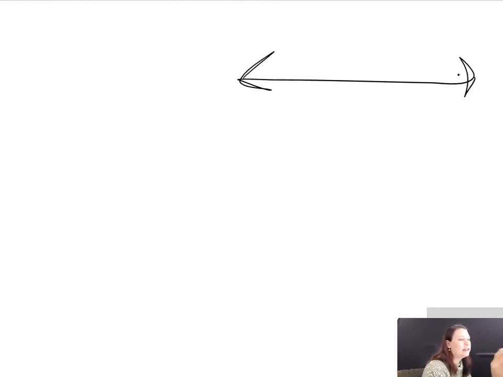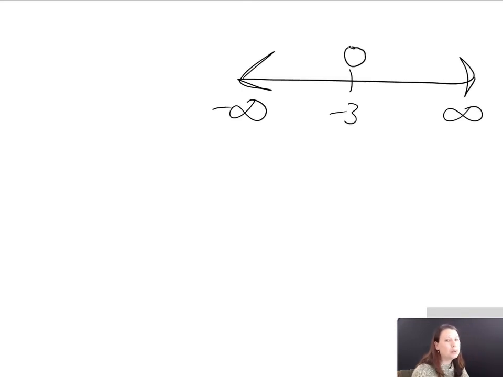So number line, we think, right, we have just -infinity to infinity. We just care about -3. On that portion, that first piece, we have an empty circle there. We do not use -3, okay? Then on the second portion, we do use -3.